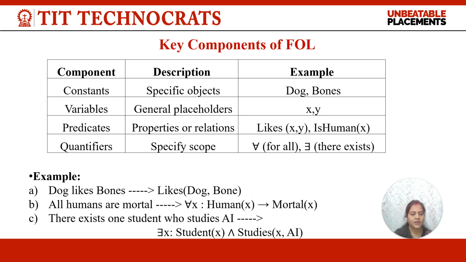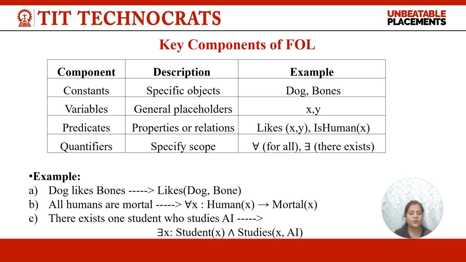For example, dog likes bone can be written as likes, that is a predicate, and in brackets dog, bones, which means there is a relationship likes between the objects dog and bone, and likes is acting as a predicate between them.